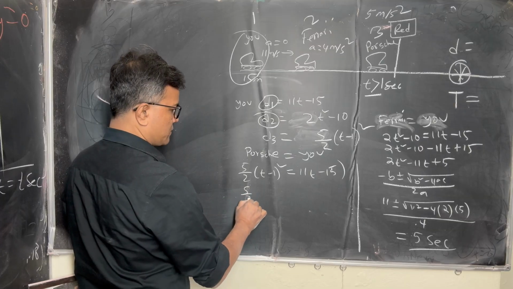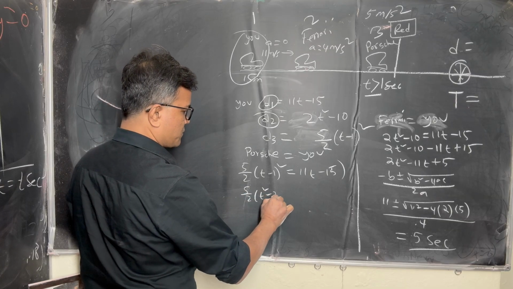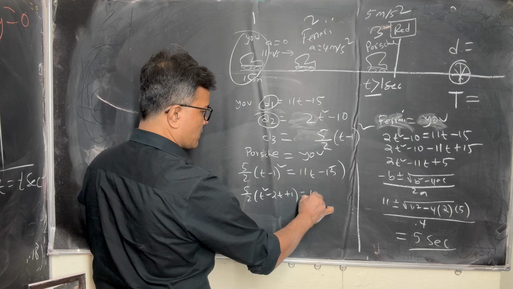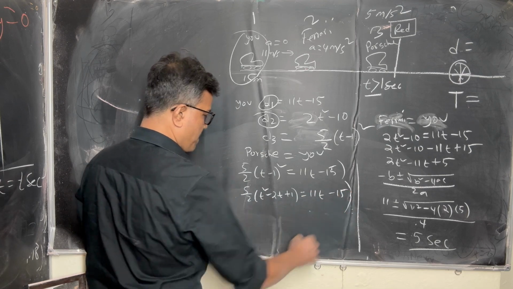So 5 over 2 t squared minus 5t plus 5 over 2 is equal to 11t minus 15.